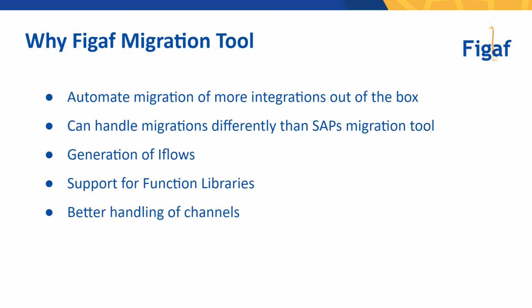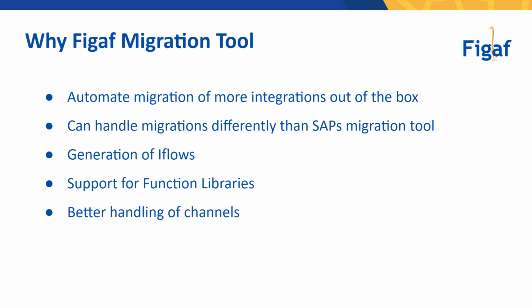We also support function libraries, both converting them to Groovy and converting them to function libraries. Something would work for one of them, while other function libraries should be migrated with the different approaches. But this is a good different way of handling the migration, and one of the things that would speed up migrations.